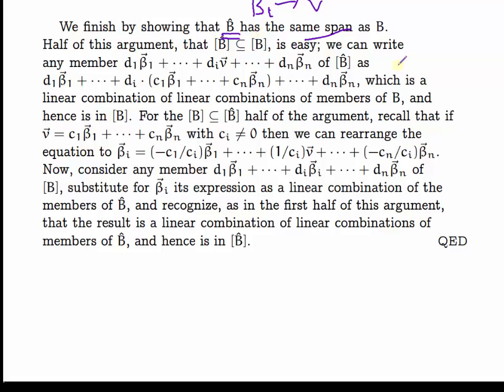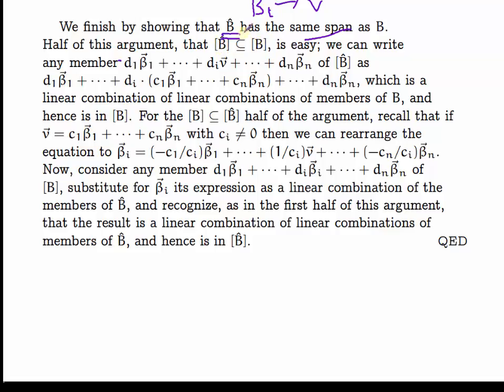We can write any member in B hat as this linear combination, simply substituting the expression for v in terms of B. And this is a linear combination of the members of B, which means that this vector in B hat must also be in B. That shows me that B hat must be contained in B, because every element of B hat is contained in B.